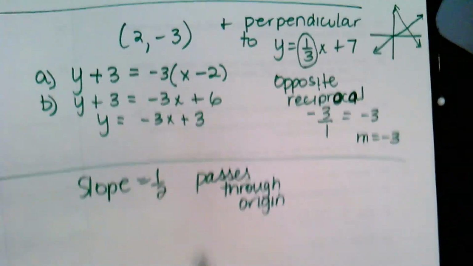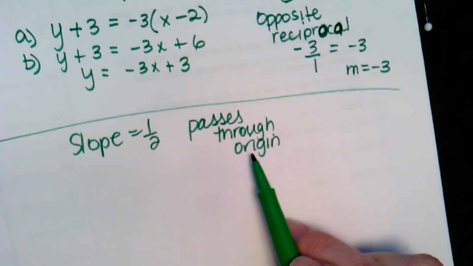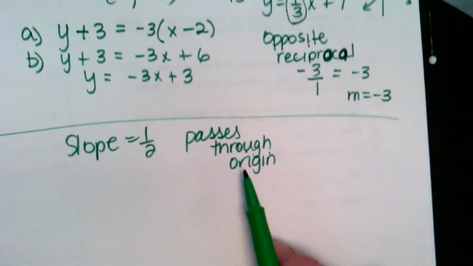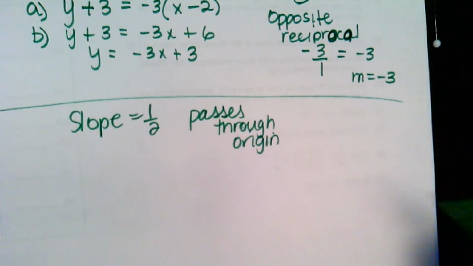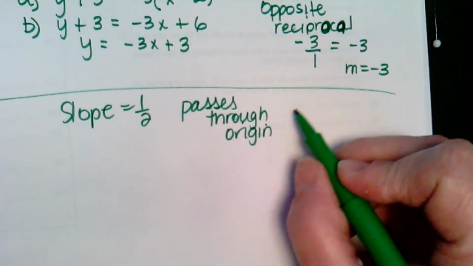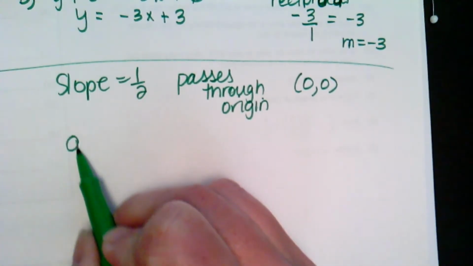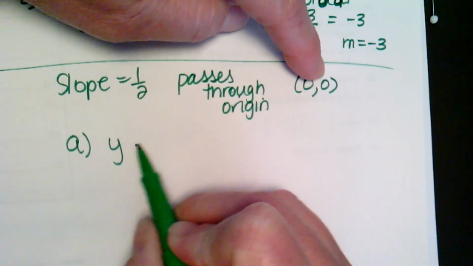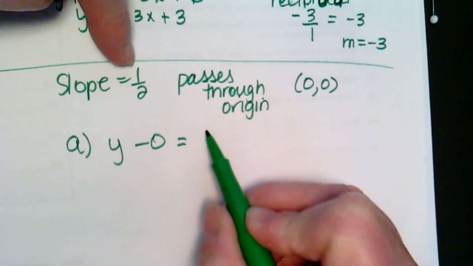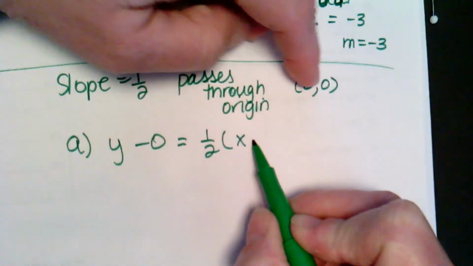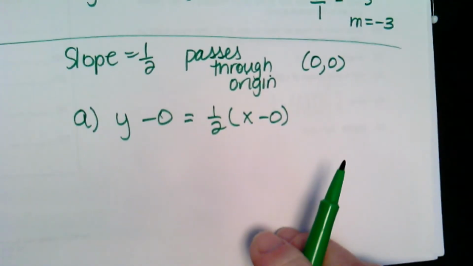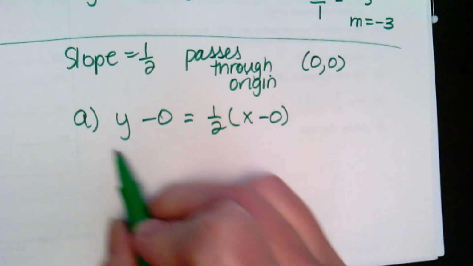So they gave you a slope and they gave you a disguised point. What does origin mean? Well, it just means it goes through the middle of the graph, which is (0, 0). So y, take away 0, equals a half x minus 0. So there's your point slope form.